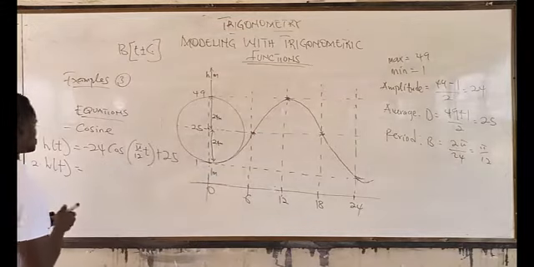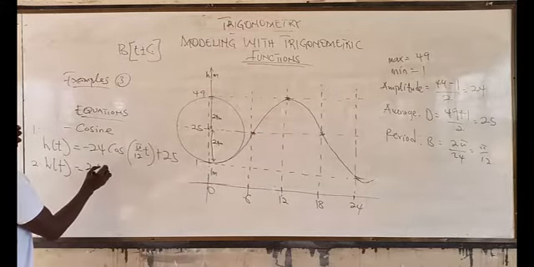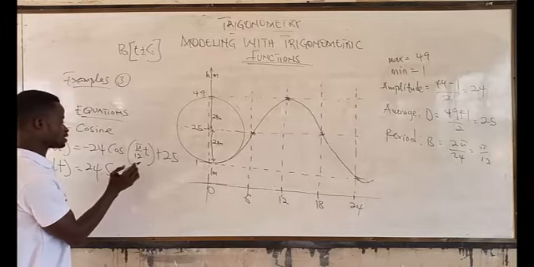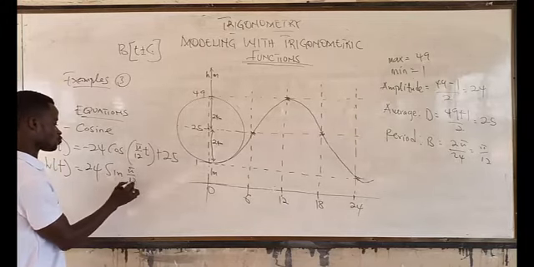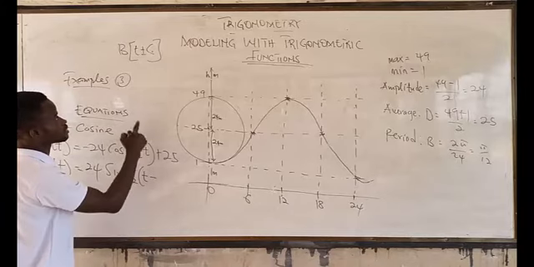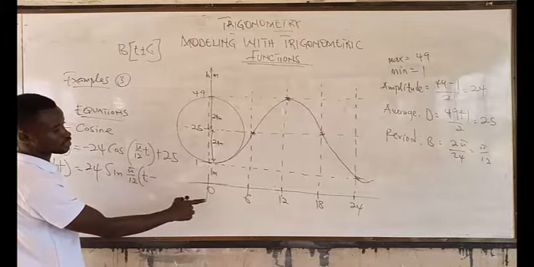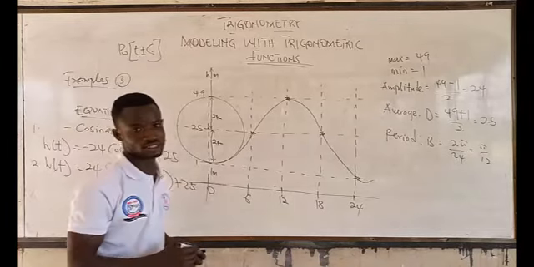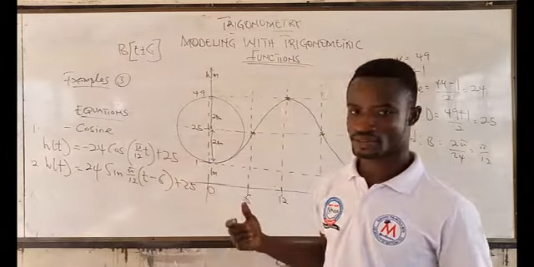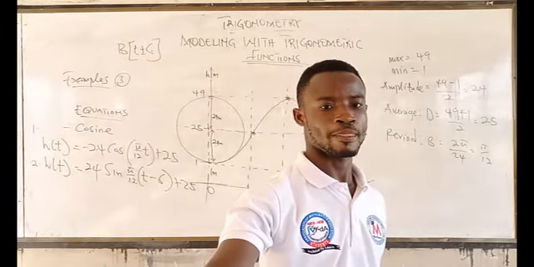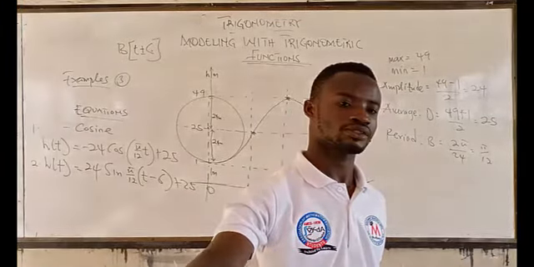So the amplitude is 24 sine, pi over 12, then t minus c, and the c is the shift of 6, plus 25. Right. So that is going to give the second equation. Very good. That's going to be the second equation.